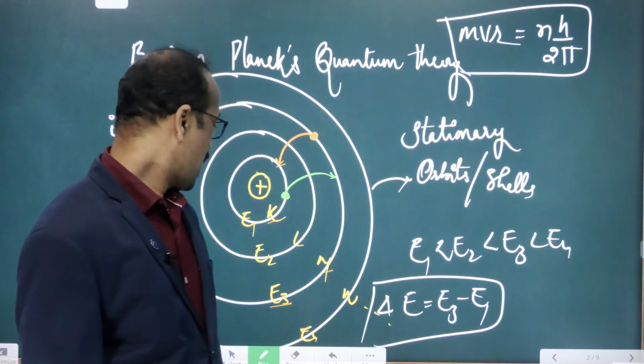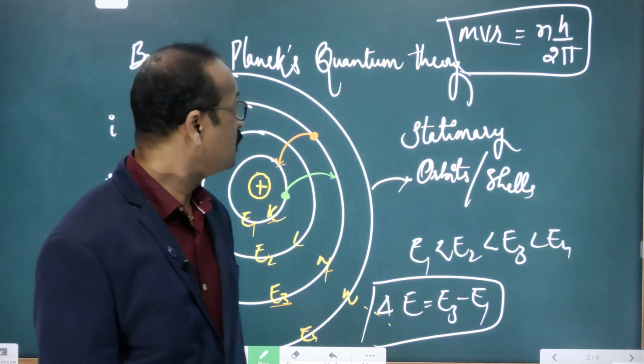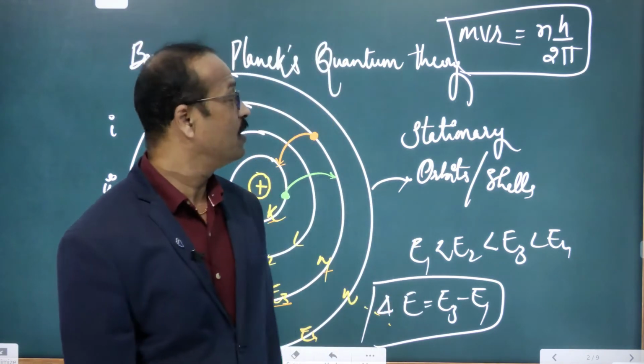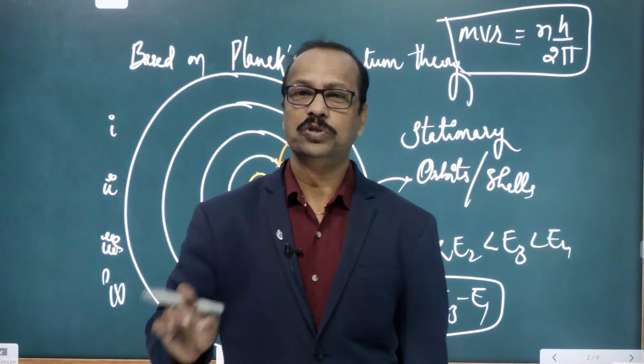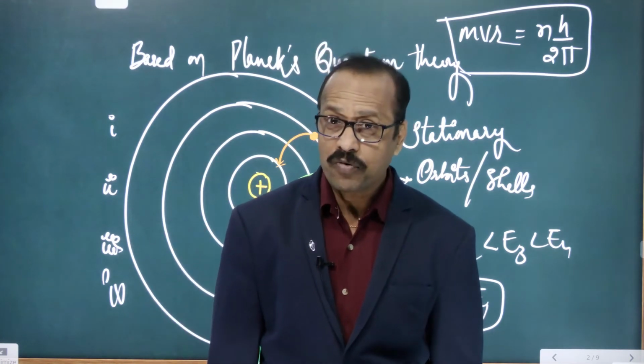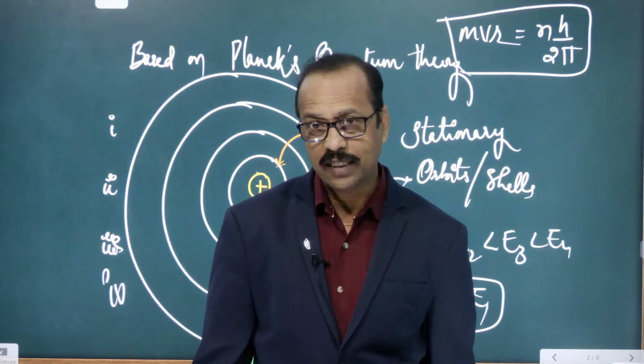And the last and final one is what? The angular momentum of an electron can be calculated by using the formula mvr is equal to nh by 2 pi. So, these are the important features of Bohr's atomic model. Apart from this, did Bohr do anything else?